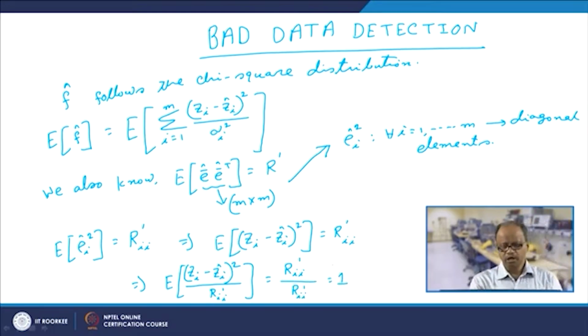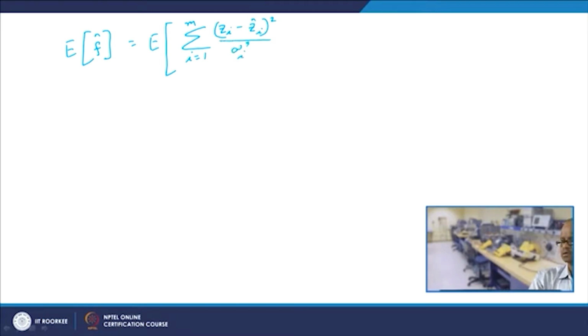Now, if I utilize this into this expression, what do I get? We get the expected value of f hat. So, expected value of f hat is expected value of the summation I equal to 1 to m of Z I minus Z I hat square by sigma I square, that we have already seen.